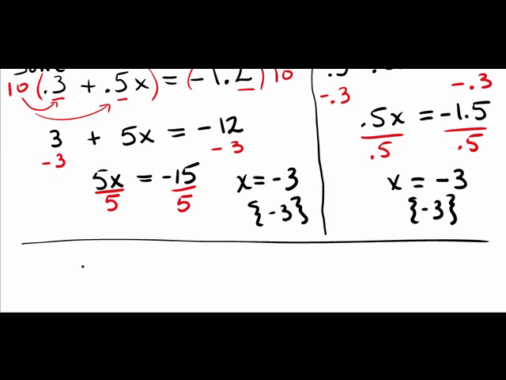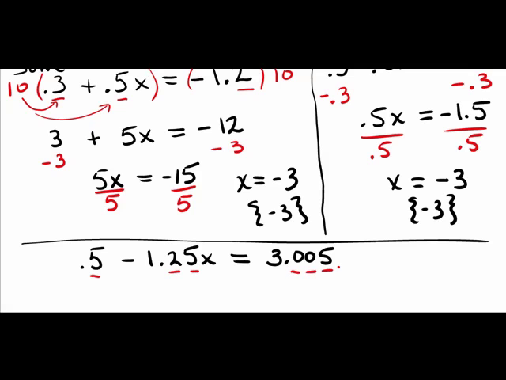So for example, if I had 0.5 minus 1.25x equals 3.005, then in this case, the number of decimal places after the decimal is different for each number, right? So 0.5 has one decimal place, 1.25 has two decimal places, and 3.005 has 3.